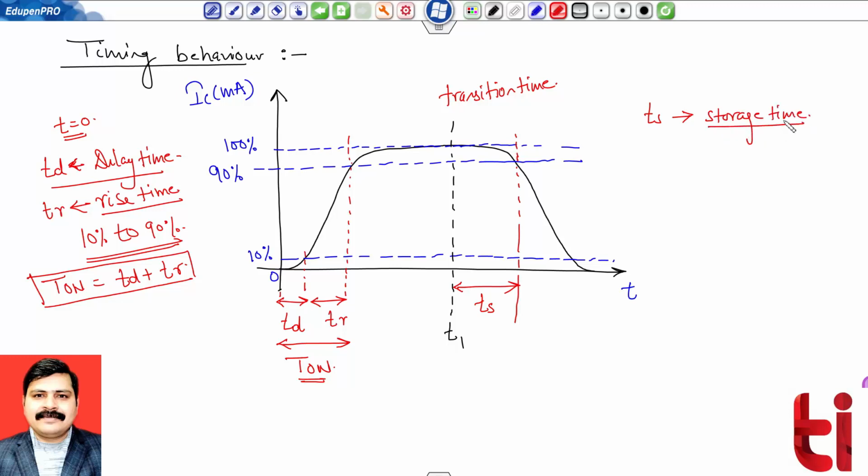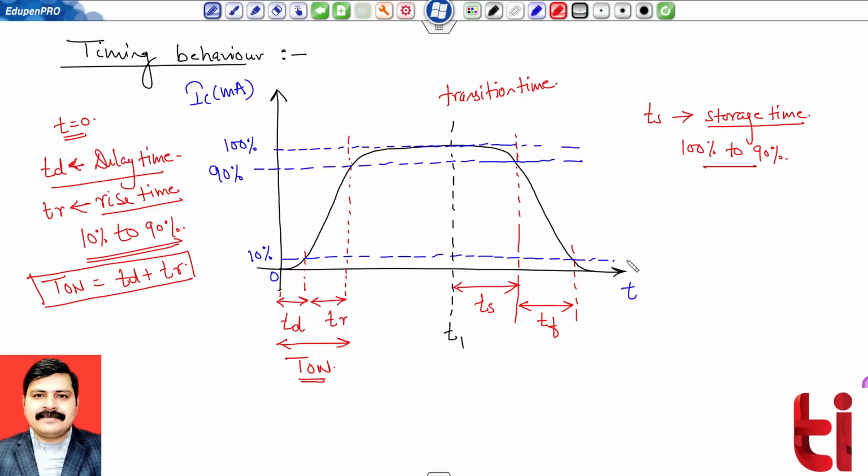It is the amount of time taken for movement from the 100% level to the 90% level of its maximum value. It means it is the time taken by the charge carriers to move back to their origin. Okay, that is the storage time. And from the 90% level to the 10% level, this is my falling time, TF.